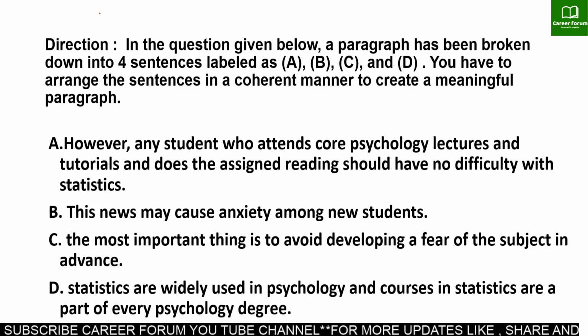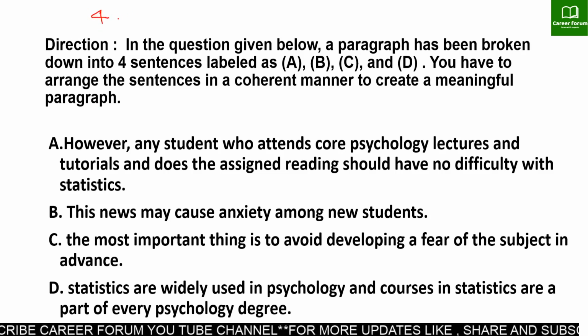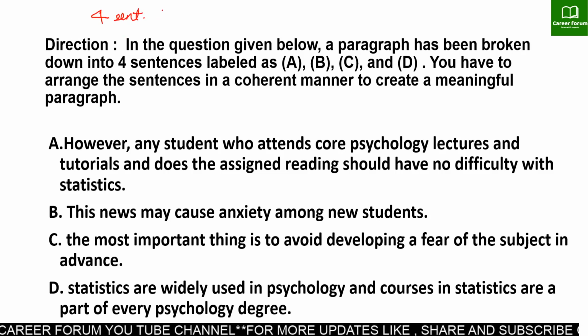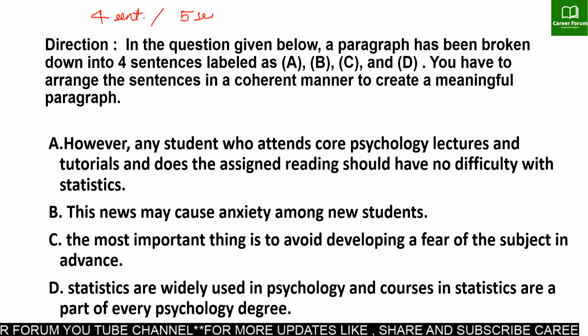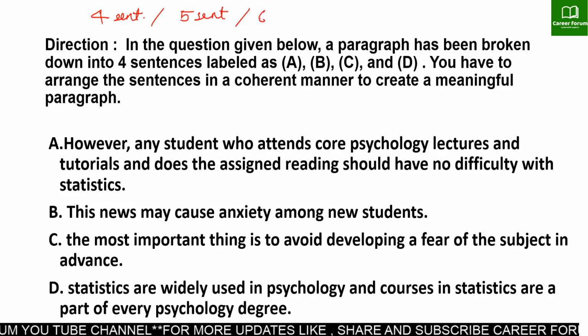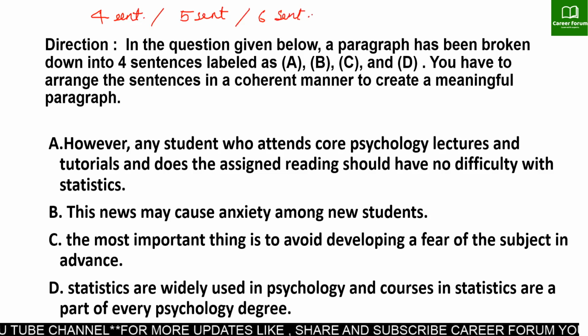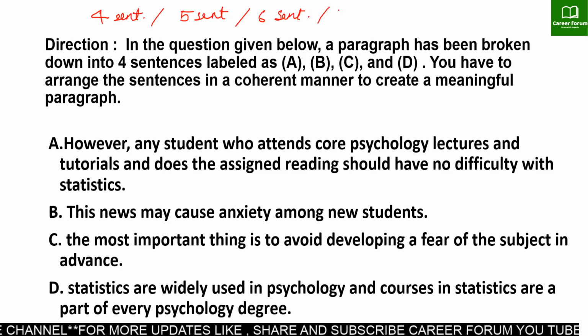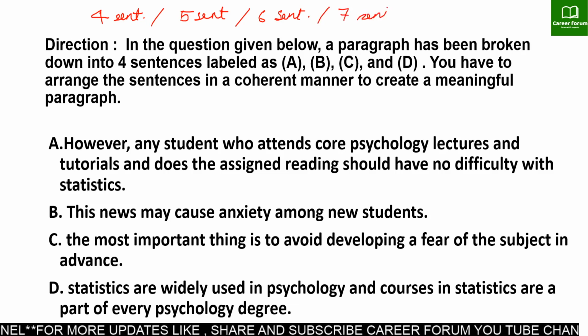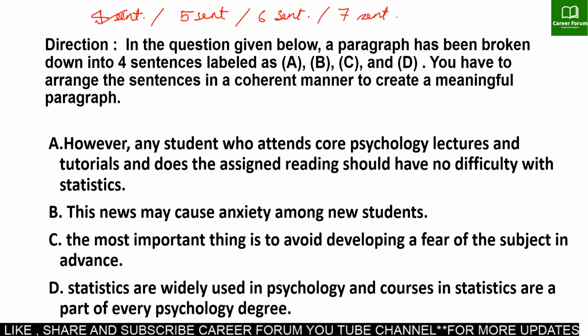Some are of 4 sentences, some of 5 sentences, 6 sentences also, and in some cases you can also see 7 sentences. We will discuss them one by one in our next sessions. Here I'm giving you the clue about the 4 sentence type question.